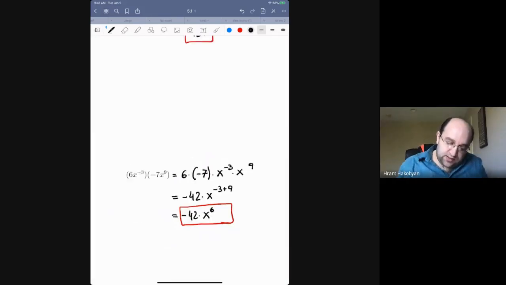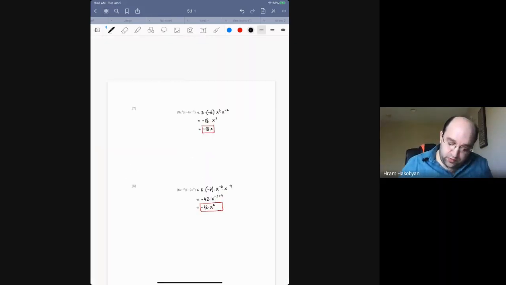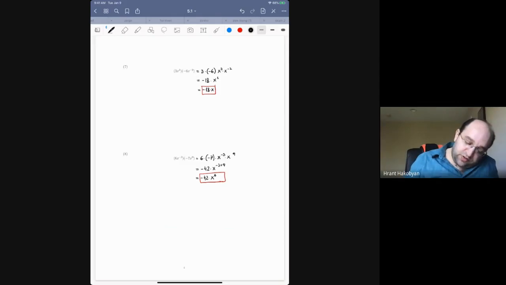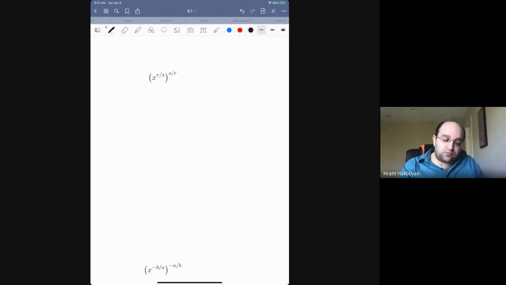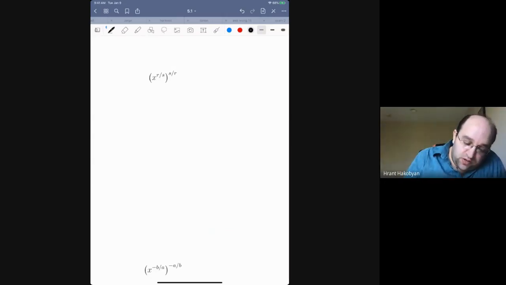So those are just simple things, just to remind you how to deal with exponents. And here are some more examples, very easy ones. This one is telling you that you have x to power r over s, and you're raising it to power s over r.